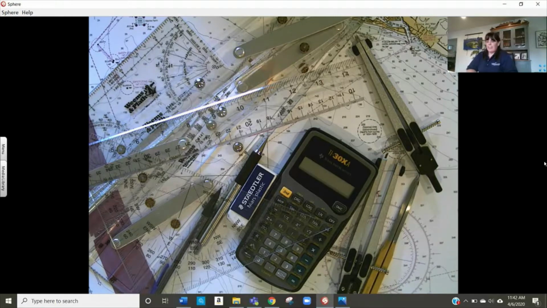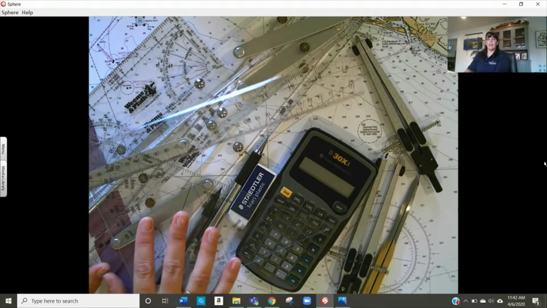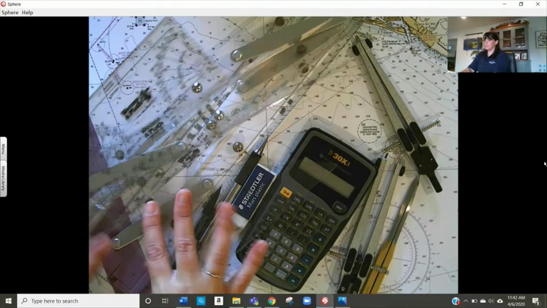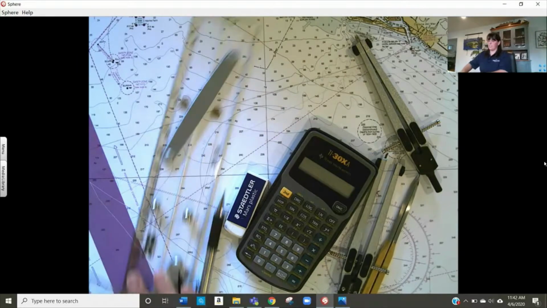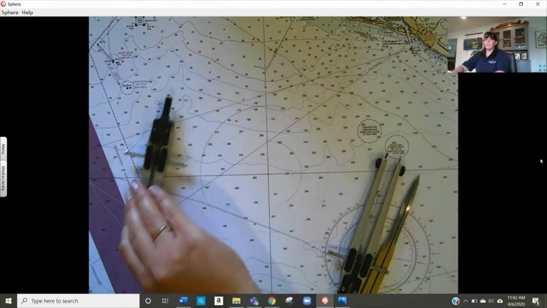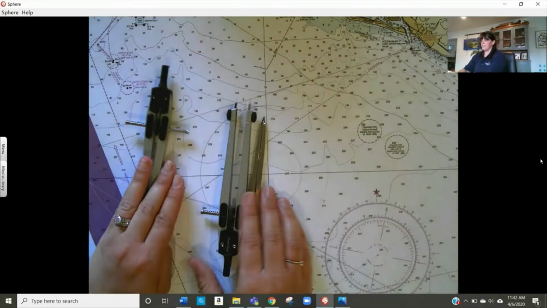All right, let's get started. We have a lot on the course outline Nav Tool guide, but we're going to start with how we measure distance. And how we measure distance is by using dividers and compasses.